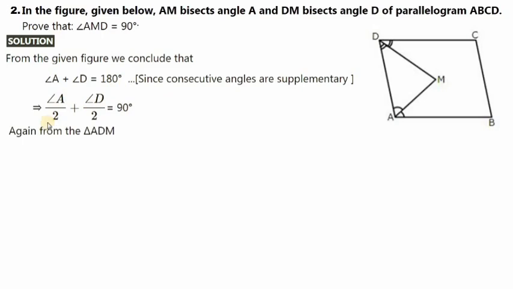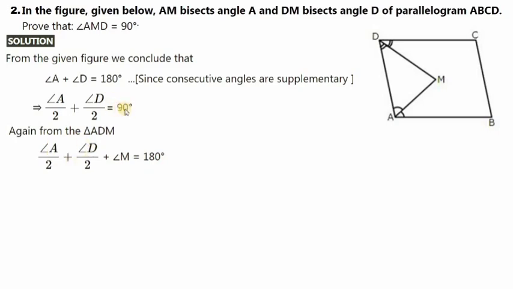Now from triangle ADM, you see this triangle ADM. Let's add all the interior angles. This angle is A by 2, as I said. This will be D by 2, and this will be angle AMD. So add all of them. The sum of the interior angles will be 180 degrees. Now kindly look at this. How much is this?